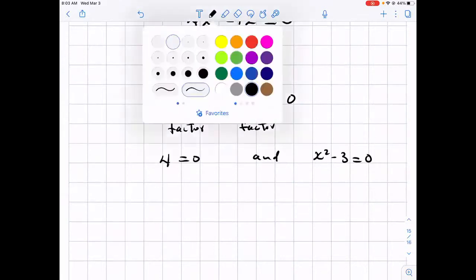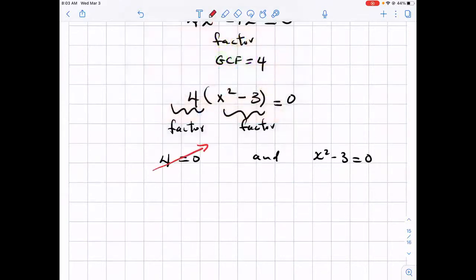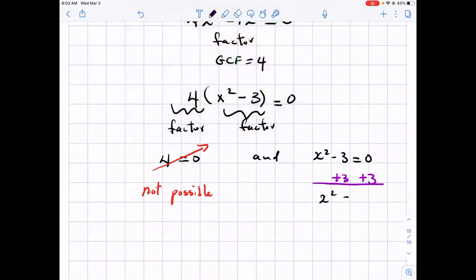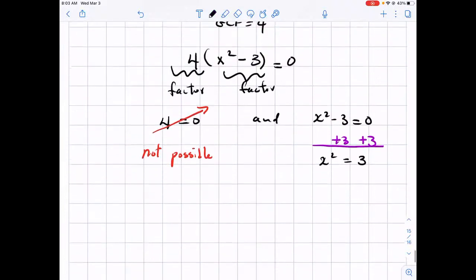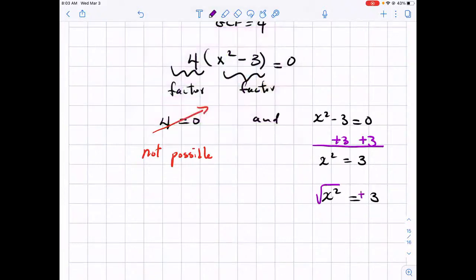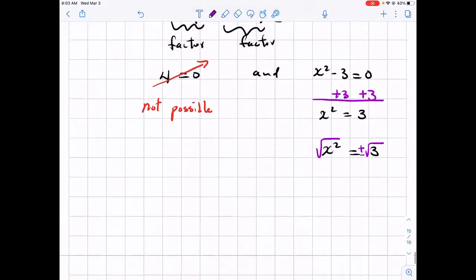So obviously 4 cannot be equal to 0, so this is not possible. But on the other side, if I add 3 to both sides, we end up with x squared is equal to 3. And then we take the square root of both sides. And don't forget, you'll end up with a plus or minus there.